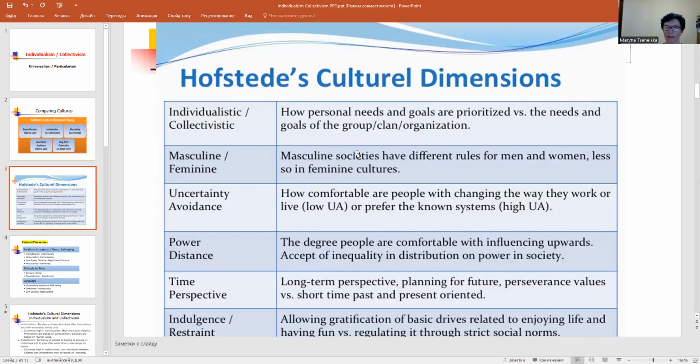If we look at cultural dimensions, we'll see that they are individualism, collectivism, masculinity, femininity, uncertainty avoidance and risk-taking, power distance, time, and also indulgence and restraint.